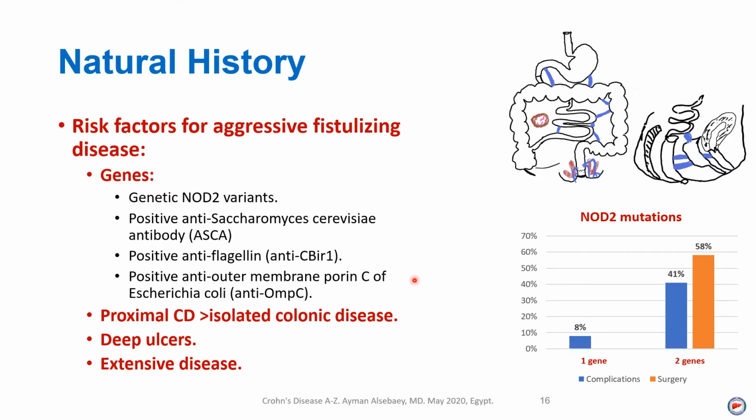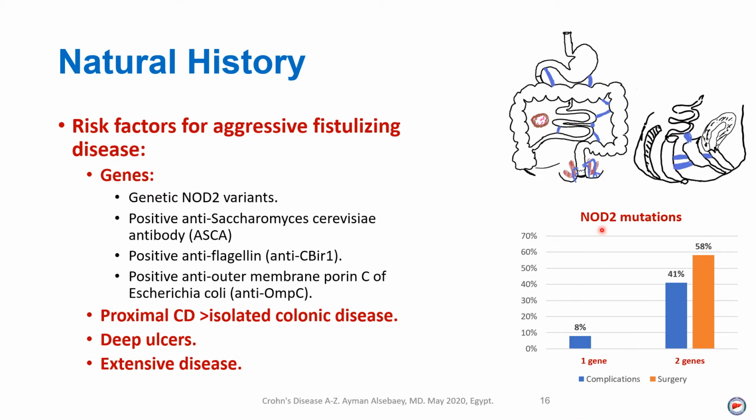If these antibodies are positive, they are more associated with the occurrence of fistulae. They found that proximal disease of the small intestine is more associated with fistulae than distal disease. During endoscopy, if you find deep ulcers, they are more associated with fistulae formation and aggressive disease.